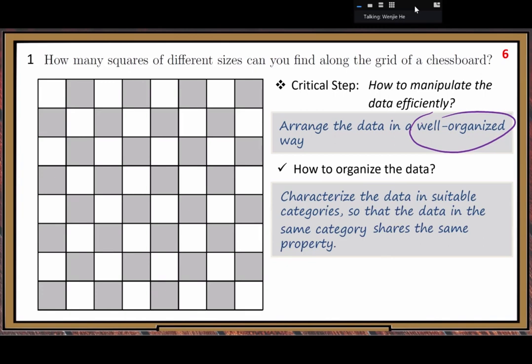If we define the category appropriately, then they should share the same property. But data in different categories cannot share the same property.